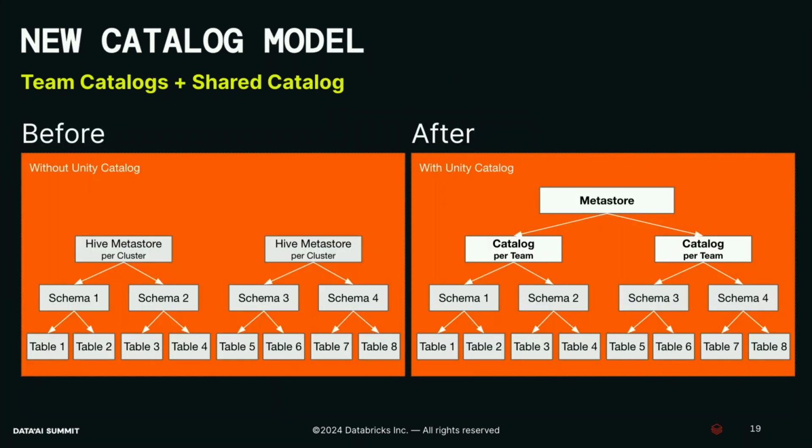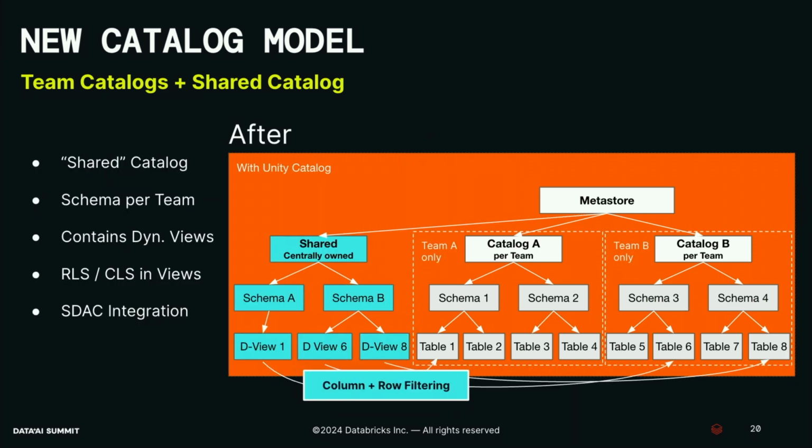So what does it mean? You have this model, and what we need is to introduce what we call a shared catalog, which is owned by our central team. In the shared catalog, you have a schema per team catalog.